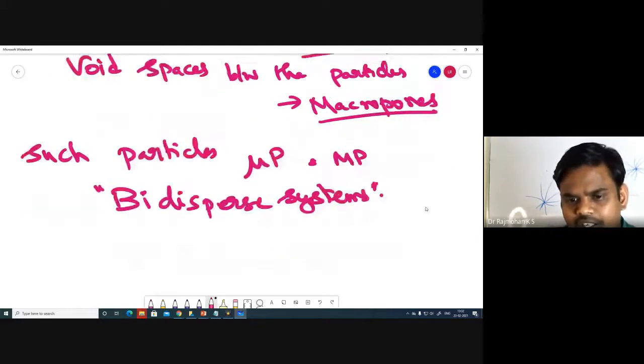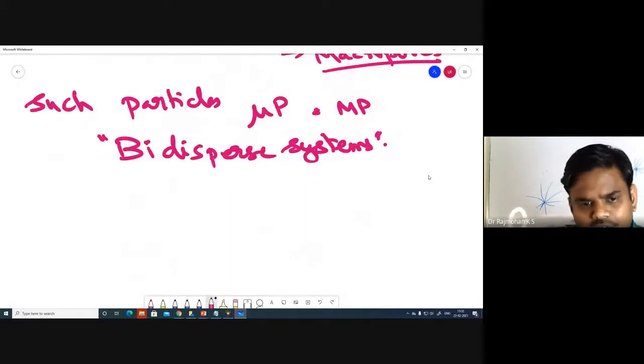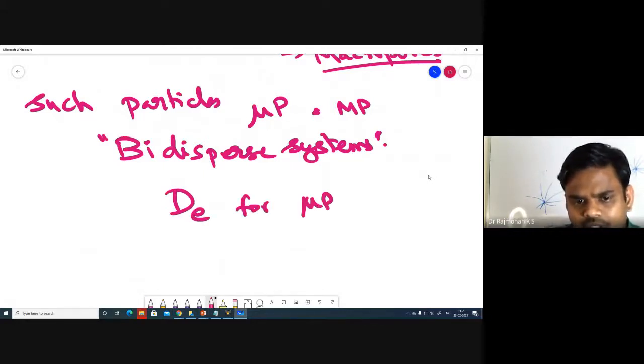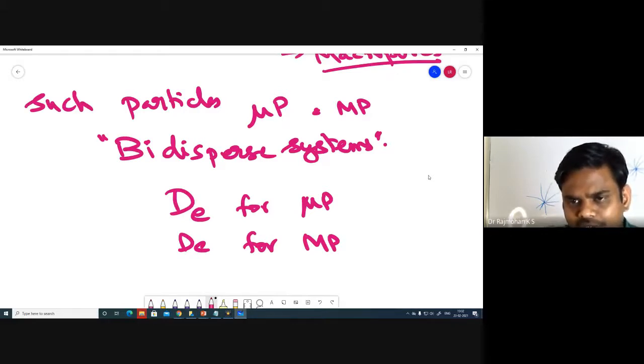For such materials, we are going to use two effective diffusivities: D effective for micropores, and D effective for macropores. Hereafter, μp refers to micropores, and mp refers to macropores.